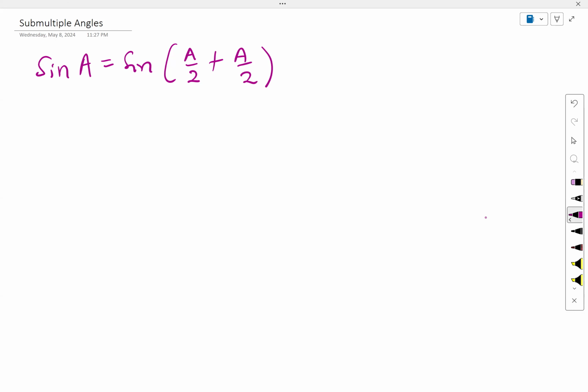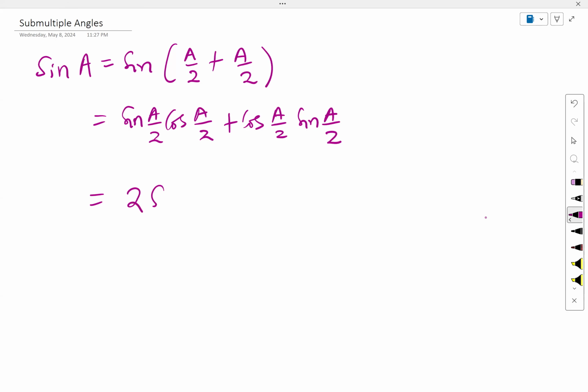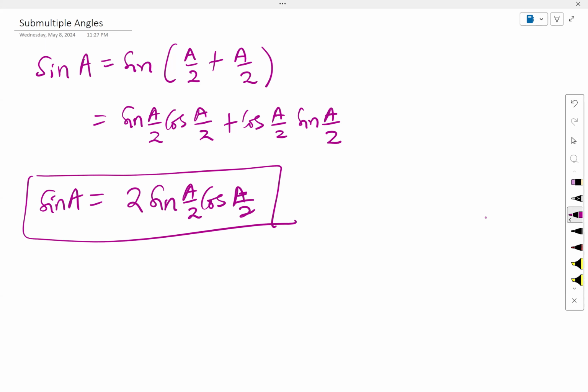Now that you've broken it down this way, you can basically apply the same thing you've always done for sine A plus B. So in this case, this is sine A over 2 cos A over 2 plus cos A over 2 sine A over 2. So pretty much it's the same thing. So you can have 2 sine A over 2 cos A over 2. And that's what you have there. So it means the sine A is 2 sine A over 2 cos A over 2.